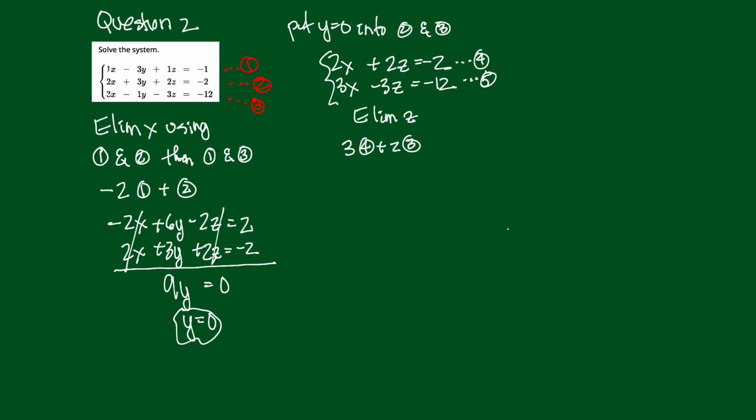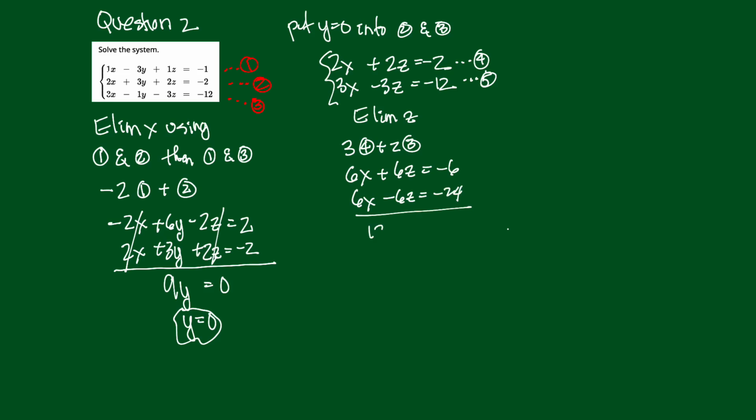All right, 3 times this one right here, I will get 6x plus 6z is equal to negative 6. And then I multiply this one here by 2. All right, by 2 I will get 6x minus 6z is equal to, I'm multiplying by 2, so negative 24.